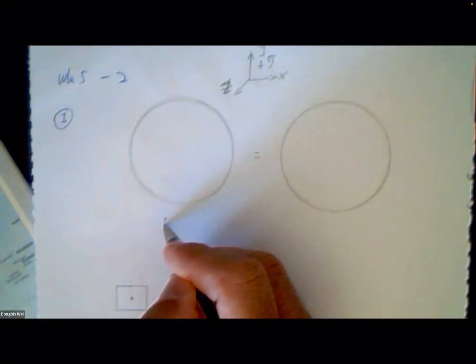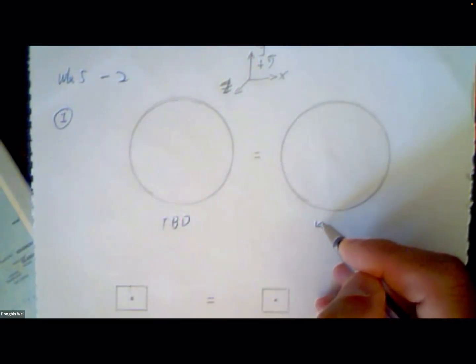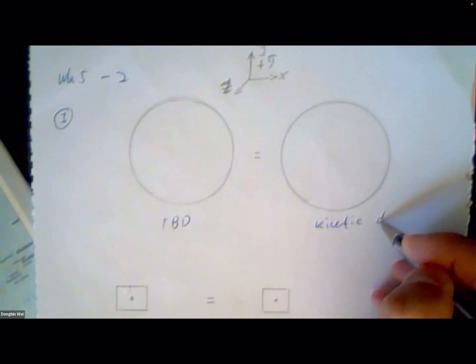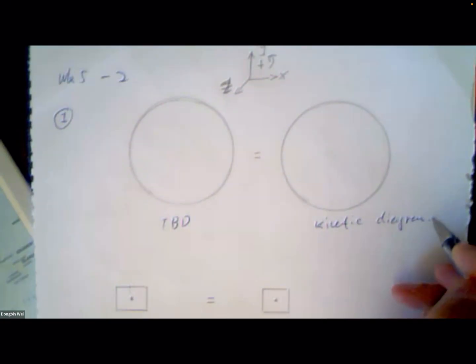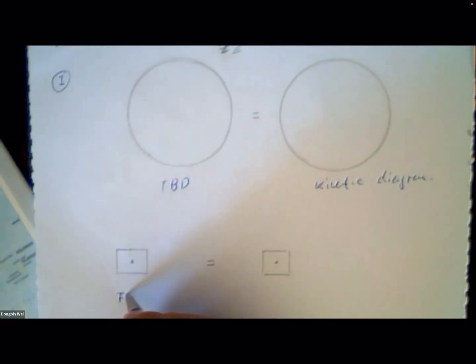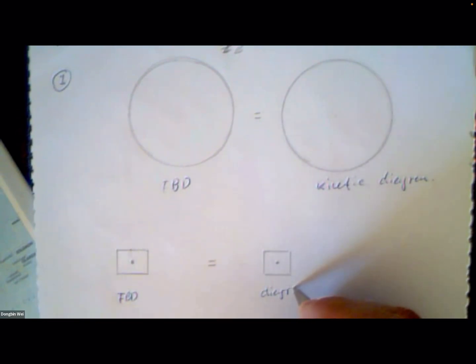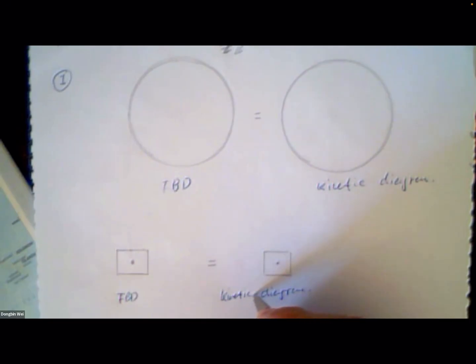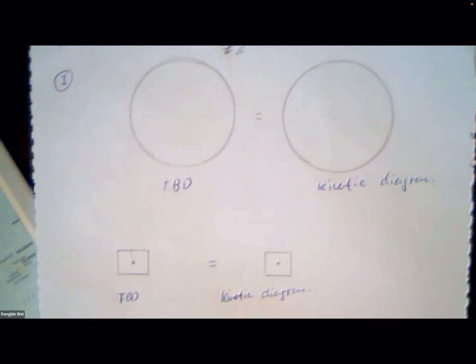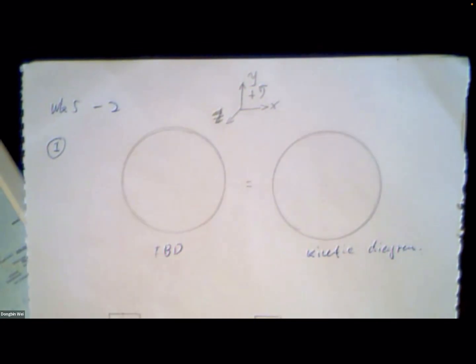So this one is the FBD for the drum and the kinetic diagram for the drum. And we should also have one FBD and one kinetic diagram for the block, sorry.